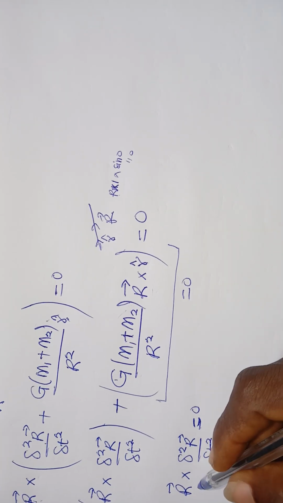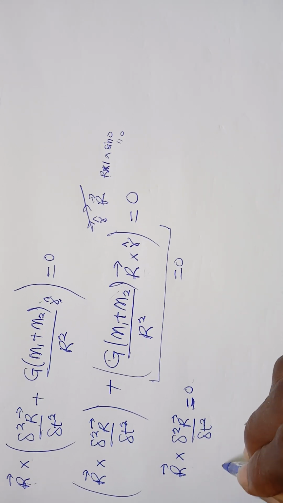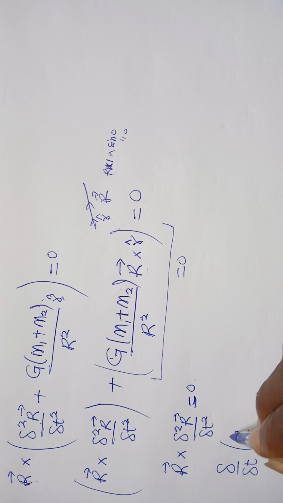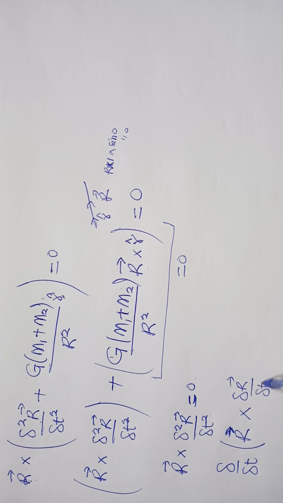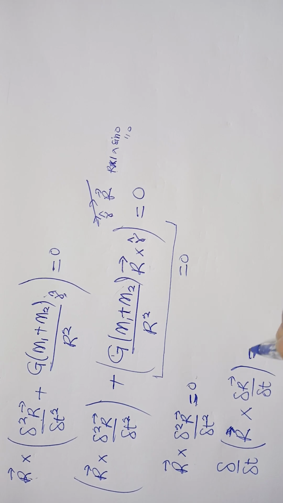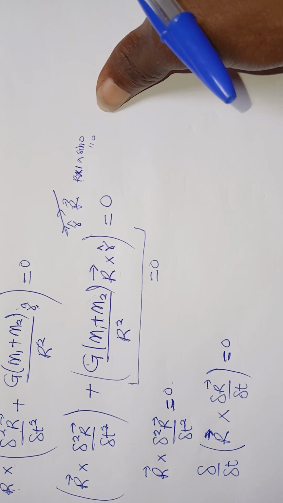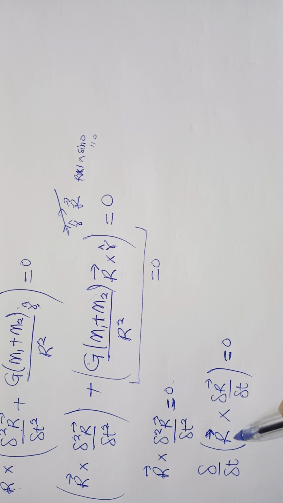Now, the vector r cross its second derivative is equal to 0 would mean that the time derivative, that is d dt, of the vector r cross its first derivative, dr dt, is equal to 0. So the implication of this equation is that the time derivative of this quantity is equal to 0.